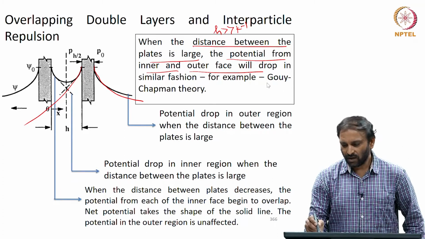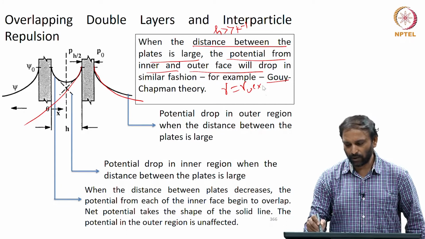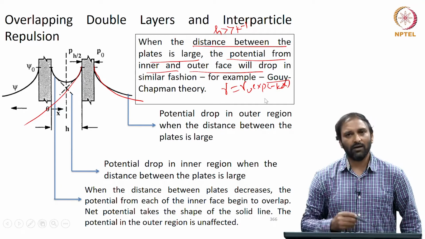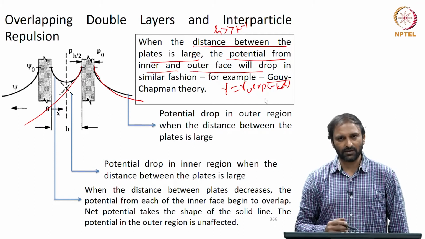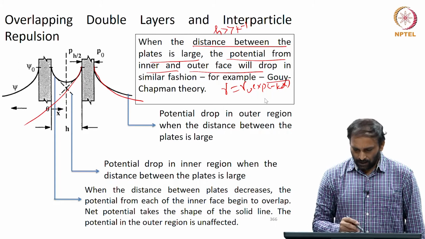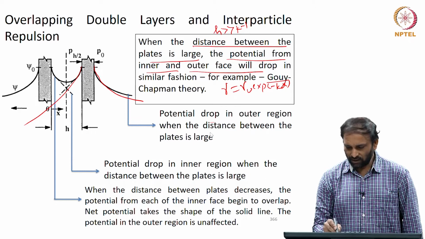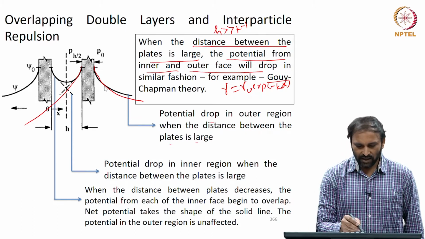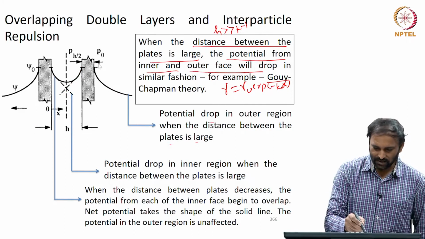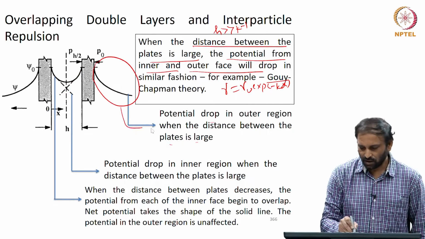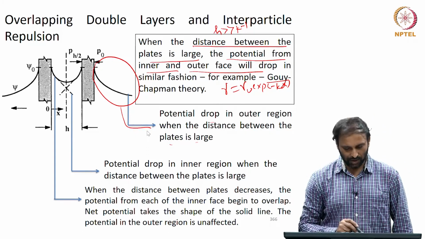It could be the Gouy-Chapman way, that is capital gamma equals gamma naught exponent minus kappa x, or it could be the Debye-Huckel way if we are considering the case of low potential. The potential drop in the outer region, when the distance between the plates is large, is given by this solid line. This line essentially captures how the potential falls with distance when the distance between the plates is larger.